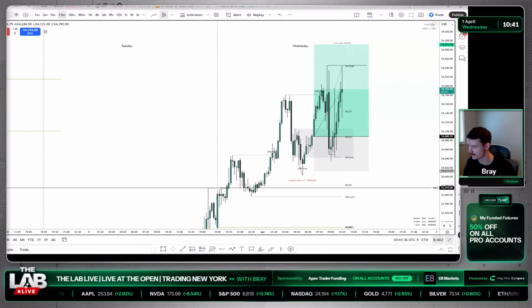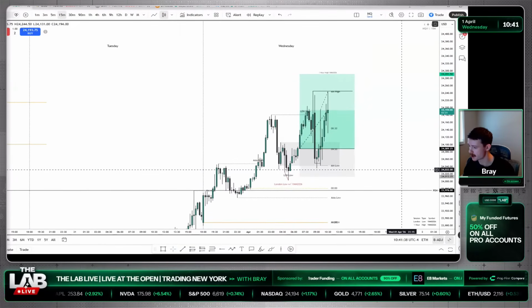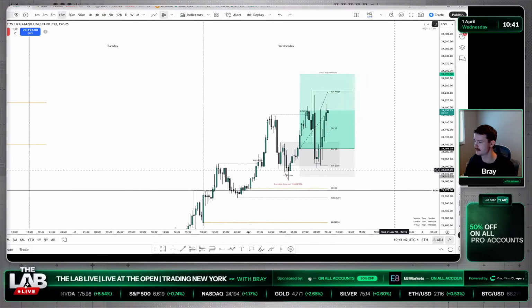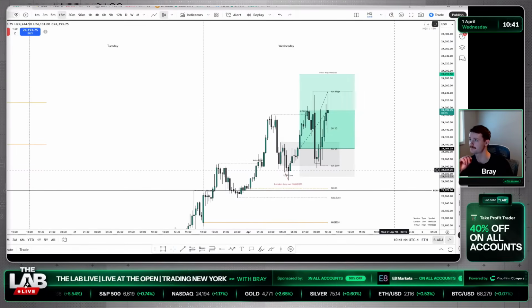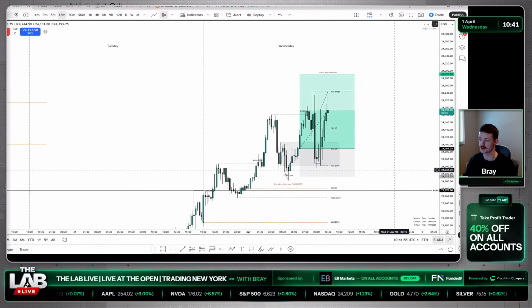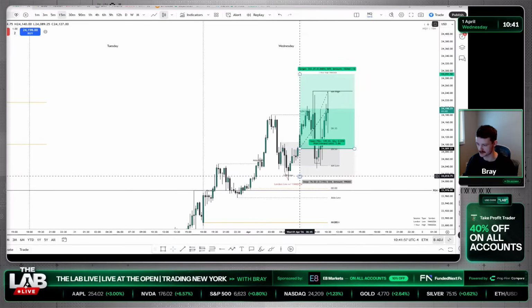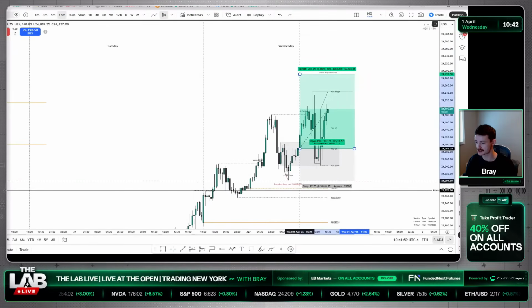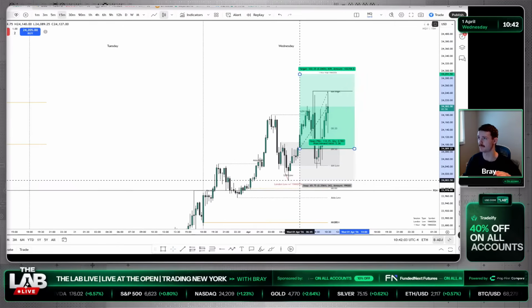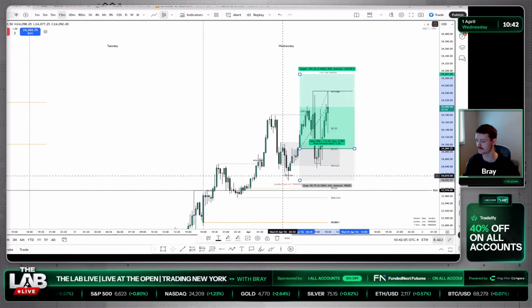I'm not going with a fixed contract size, right? My contract size is dictated by two things. Number one, how much money am I willing to risk on this trade? Number two, how many points is my stop loss to an invalidation point, right? I do not form fit my stop loss. My stop loss goes in the same spot 90% of the time with regards to trading a breaker.